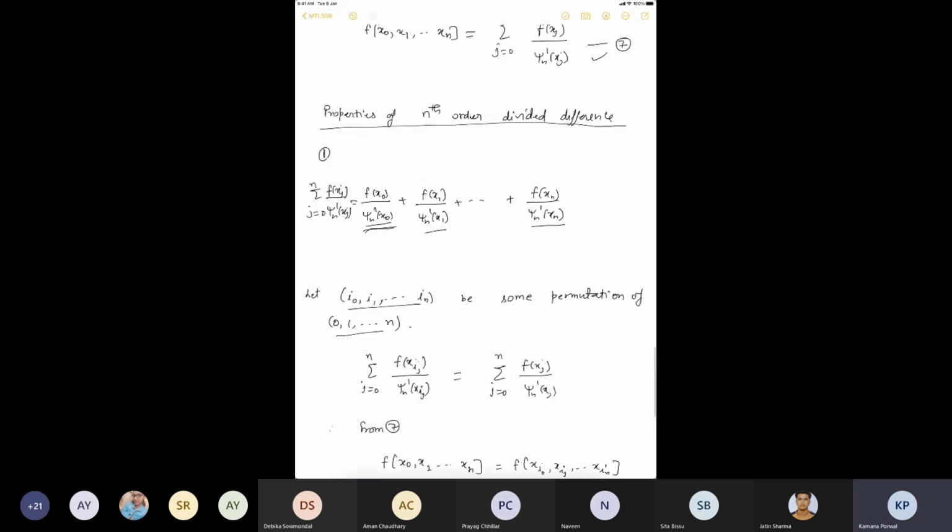So this is called the symmetry of the nth order divided differences.